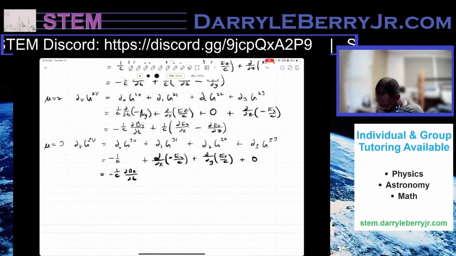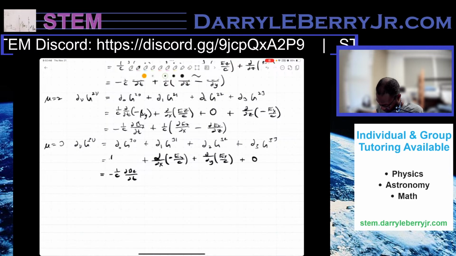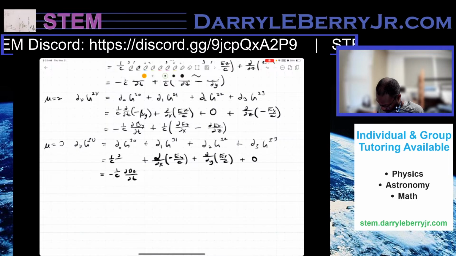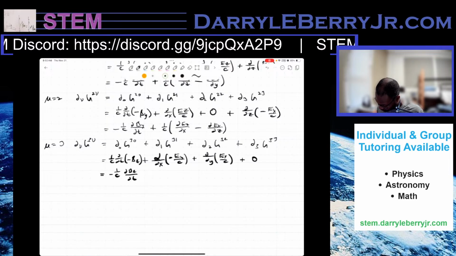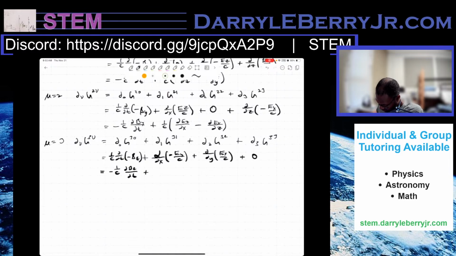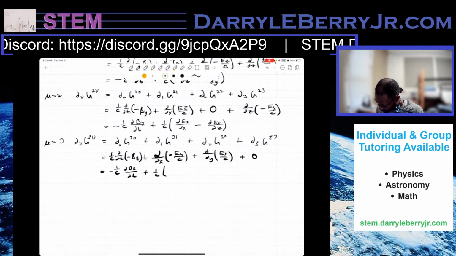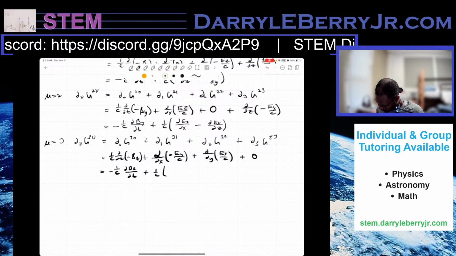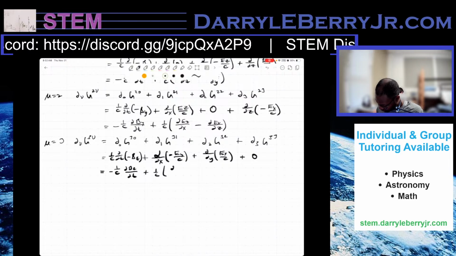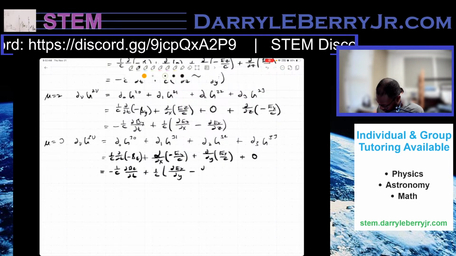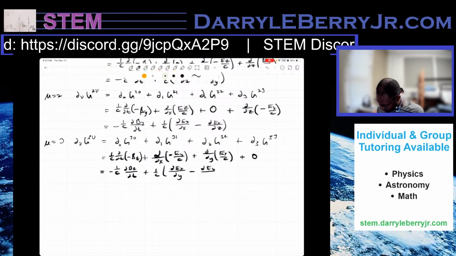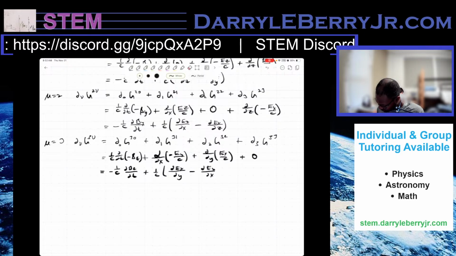And I'll go ahead and write this one the same way as the others. Plus 1 over c, and we'll say partial Ex over partial y minus partial of Ey with respect to x.